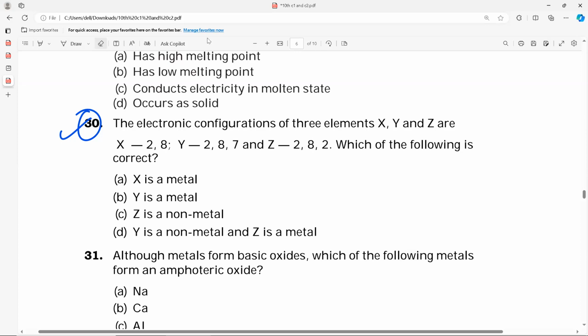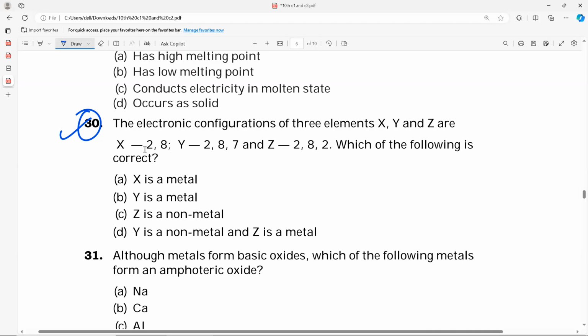Aisha, can you tell me what is the correct answer for question number 30? I don't understand the question. No, sir. Okay. Yes, Alvina. Sir, it's option D. Y is non-metal and Z is metal.